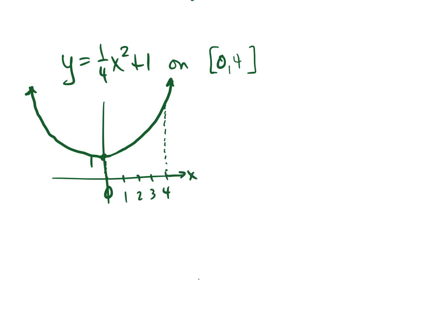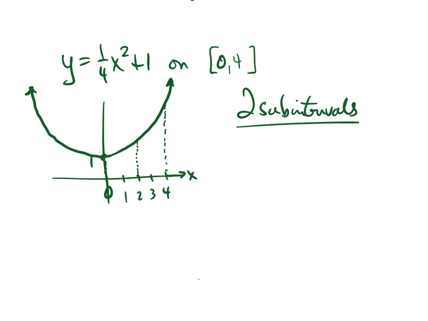Now, what we can do to approximate that to start with is to break the interval from 0 to 4 into equal sub-intervals. And I'm going to start by breaking it into 2 sub-intervals. Our sub-intervals are always going to be equal, so I'm going to cut this equally into 2 chunks, so I'm going to draw a line at 2.